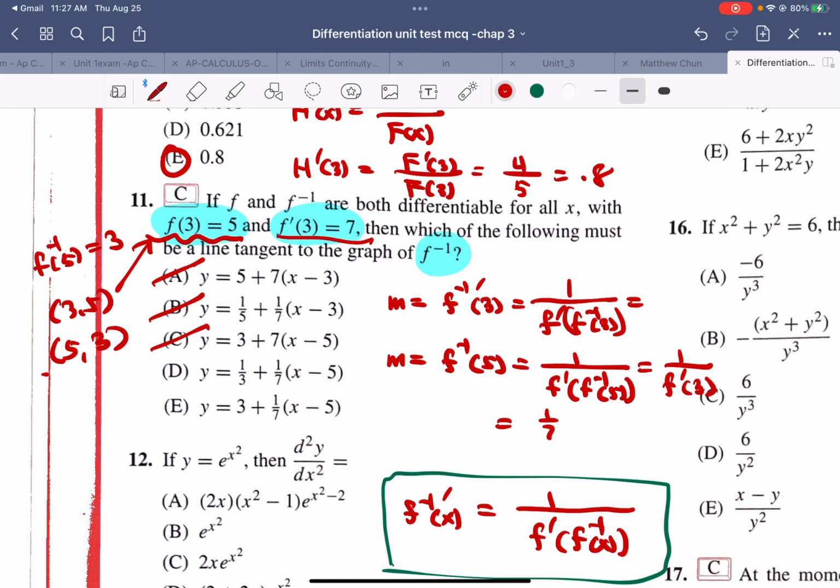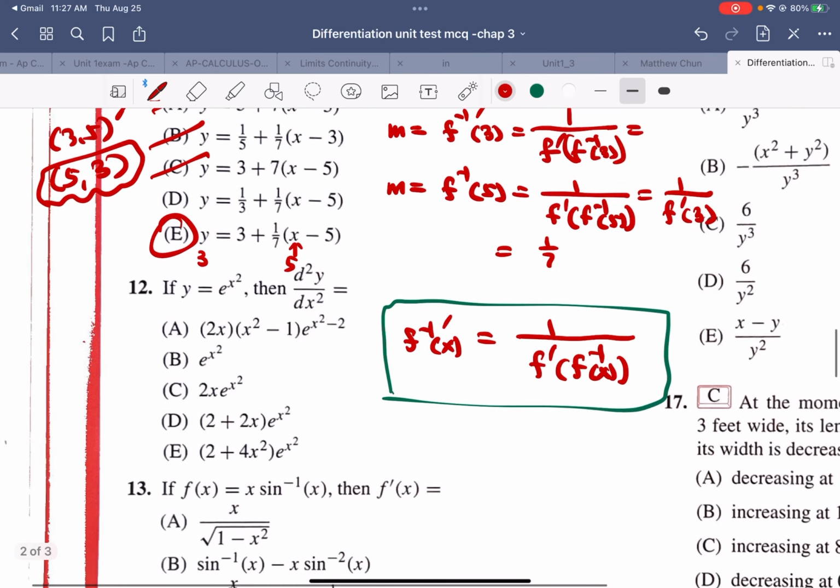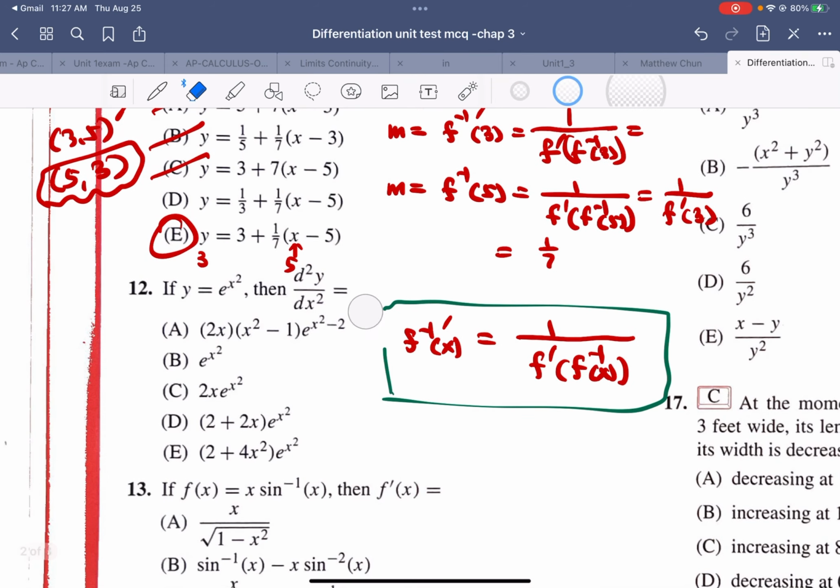So when you plug in 5 comma 3, which one works? Only this one works, right? When you plug in 5, then 3, it works. D is not going to work. So the answer is E. So (3,5) is on the original graph, and for the inverse, the point should be (5,3). Okay, and then you can use that point. Now number 12. Let me erase it here.